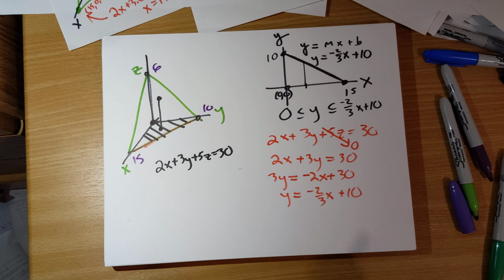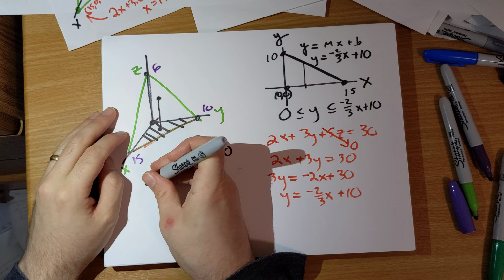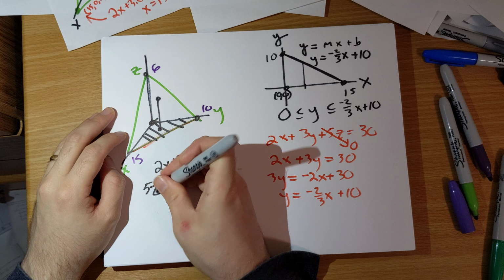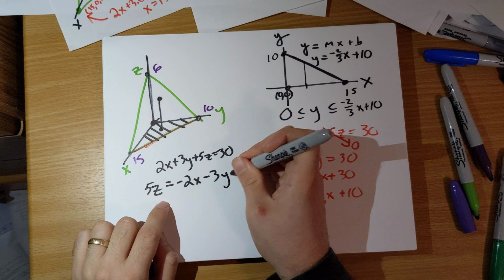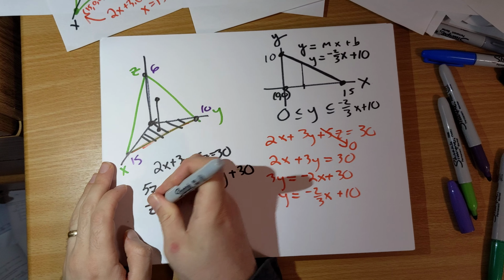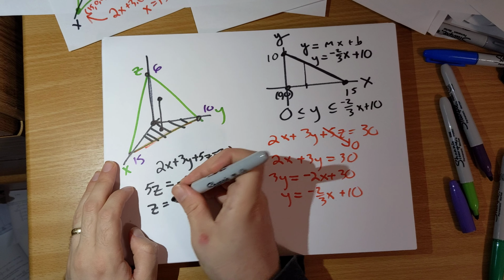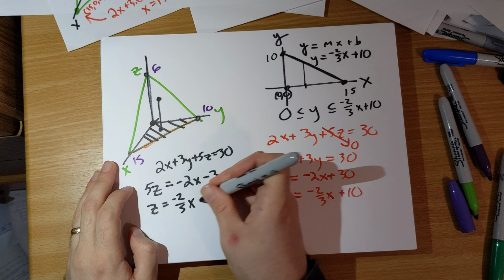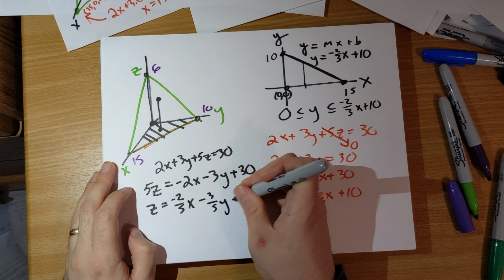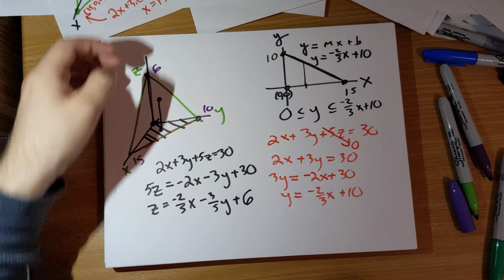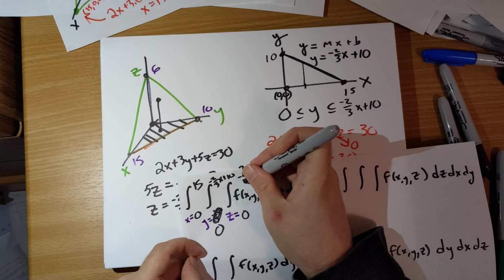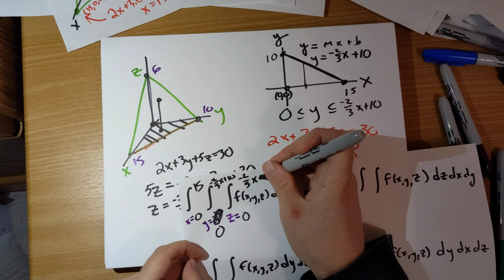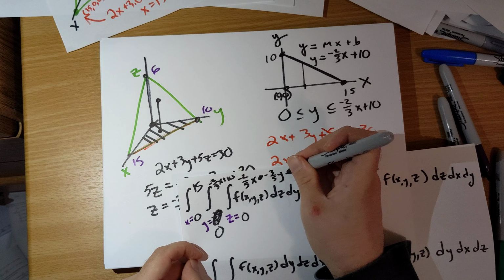Now we want to write z in this plane in terms of x and y. So how do we do that? 5z is equal to negative 2x minus 3y plus 30. Divide by 5: z is negative 2/5 x minus 3/5 y plus 30 divided by 5 is 6. So here is our upper bound on z, negative 2/5 x minus 3/5 y plus 6.